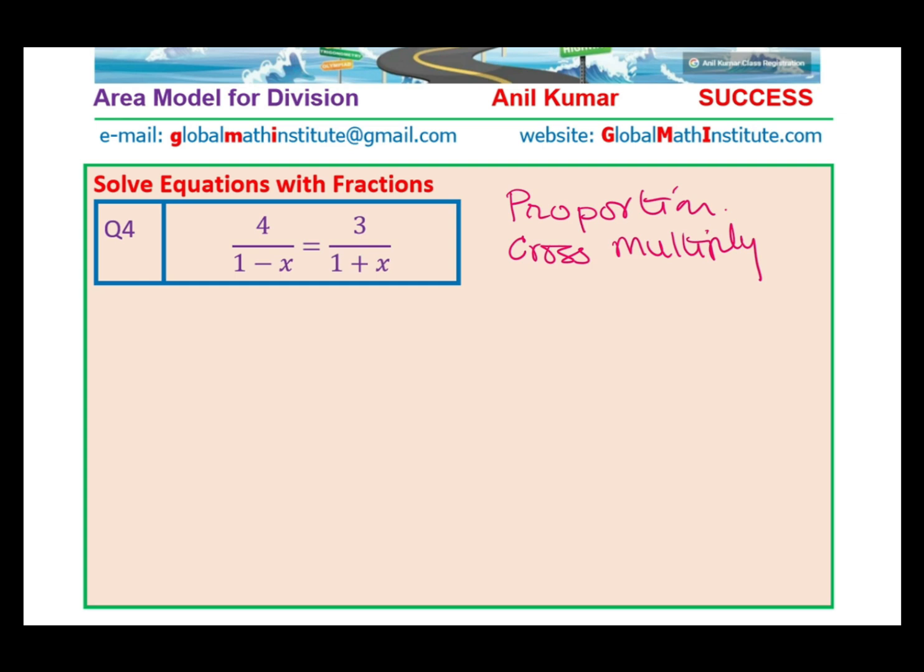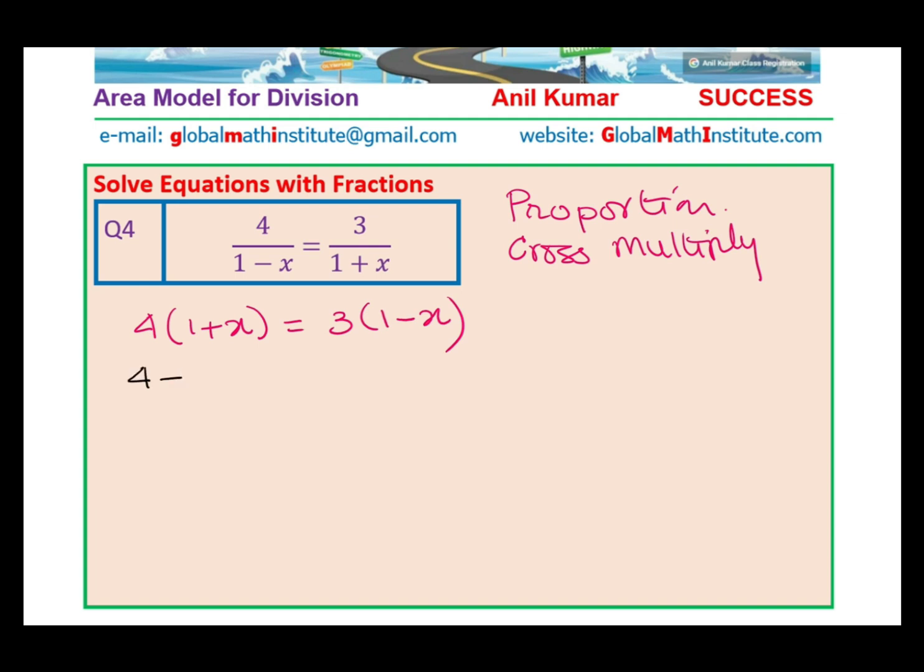So we could write this statement as 4 times 1 plus x equals to 3 times 1 minus x. You get the idea. So this proportion type, cross multiply and then you get this. It is as good as multiplying both the terms with 1 minus x times 1 plus x, right? Now open the bracket and solve.